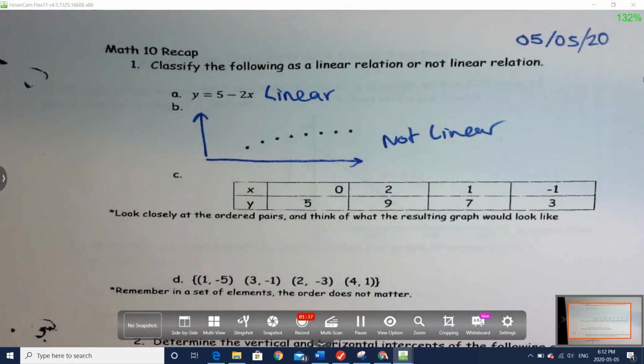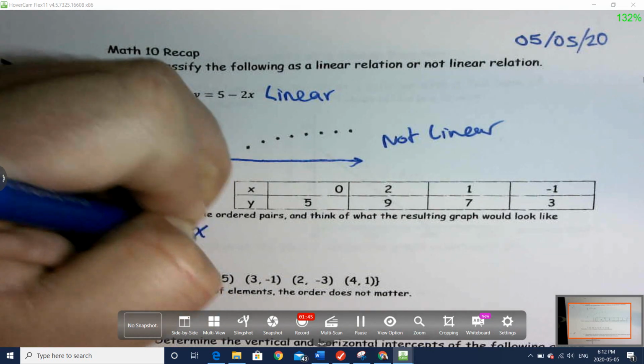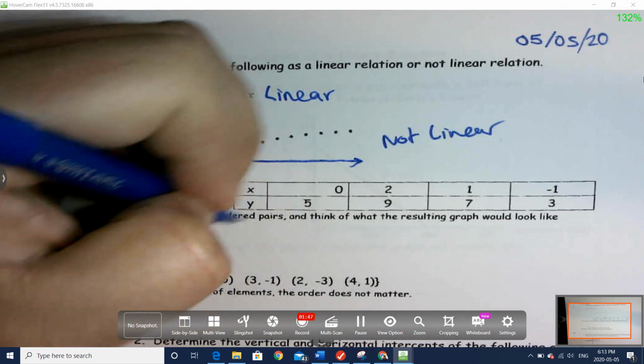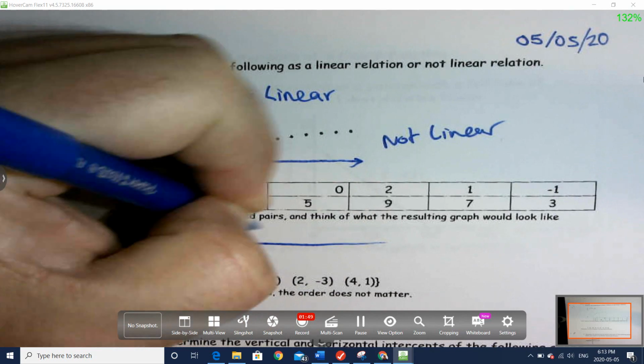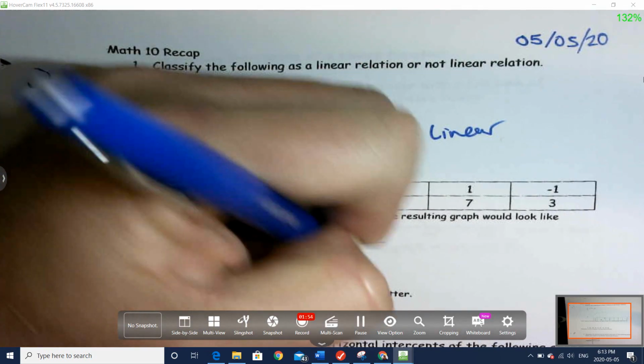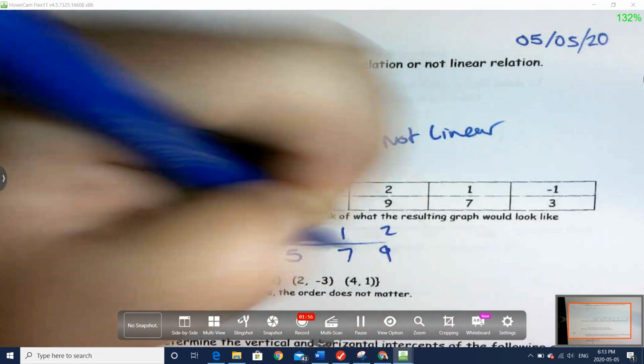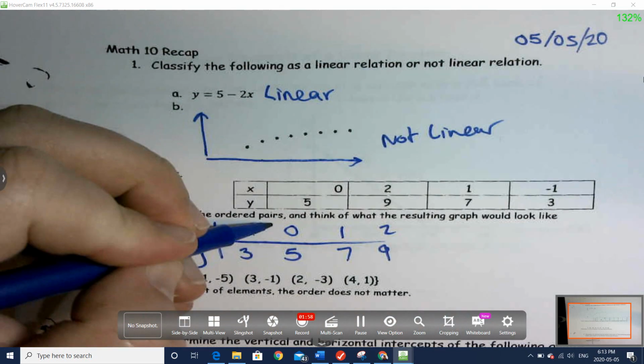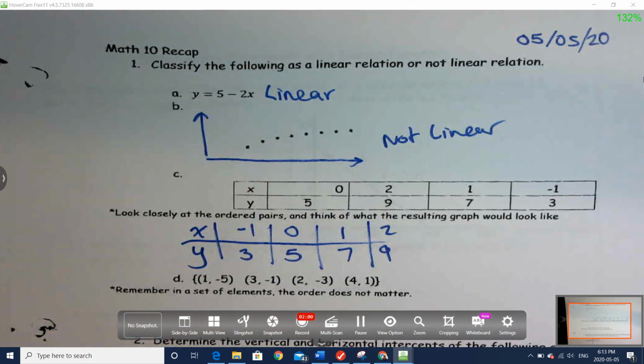If you take a look closely at these ordered pairs of (0, 5), (2, 9), (1, 7), (-1, 3), I'm actually going to put those into a table of values. I'm going to reorder them. So we have (-1, 3), (0, 5), (1, 7), (2, 9). Then I'm going to take a look at the changes in the x and the changes in the y.